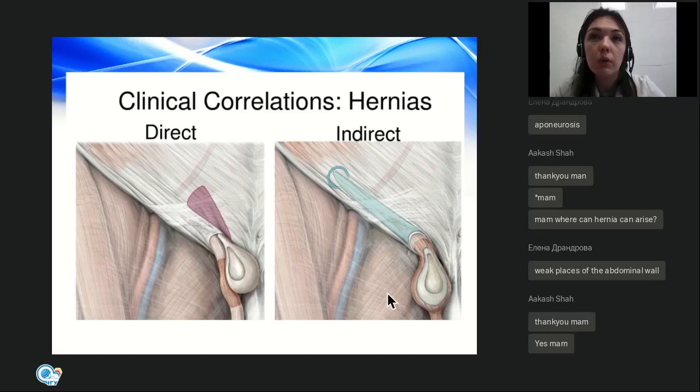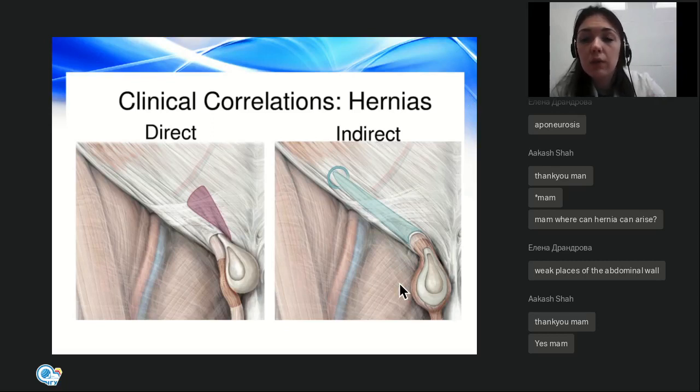Such hernias are more common, usually in newborns and children, because they are caused by an innate anomaly.